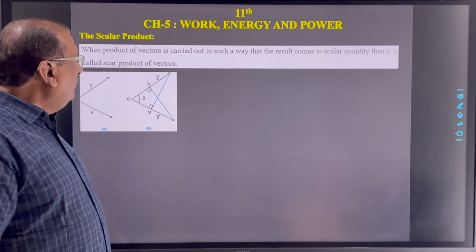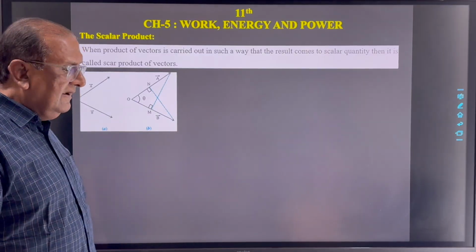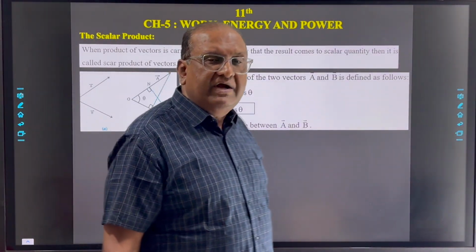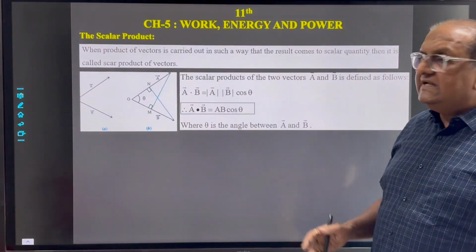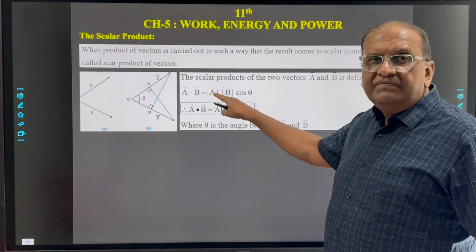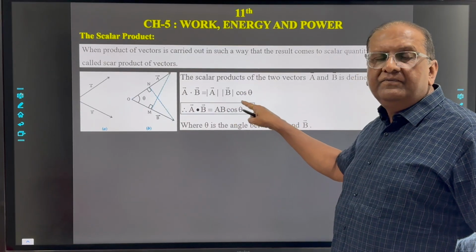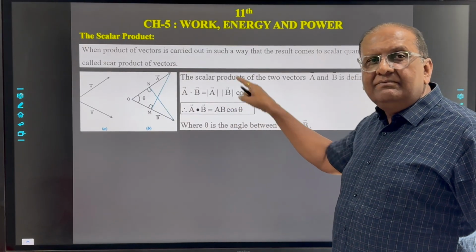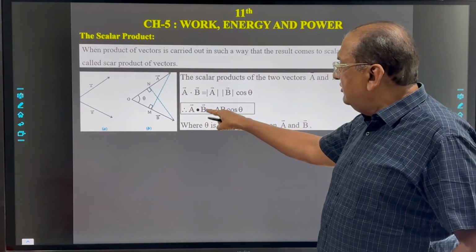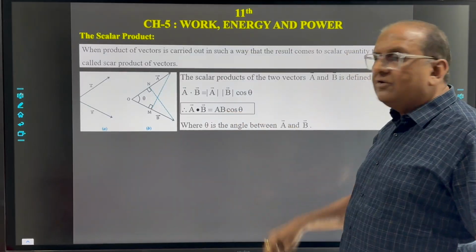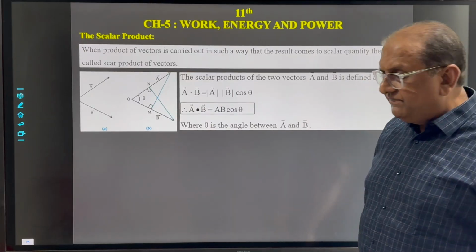Now, how is the scalar product between these two vectors defined? The scalar product of A and B is defined as A dot B equal to magnitude of A into magnitude of B into cosine of the angle between these two vectors. Simply, we can write vector A dot vector B equals AB cos theta, where theta is the angle between A and B. Okay.